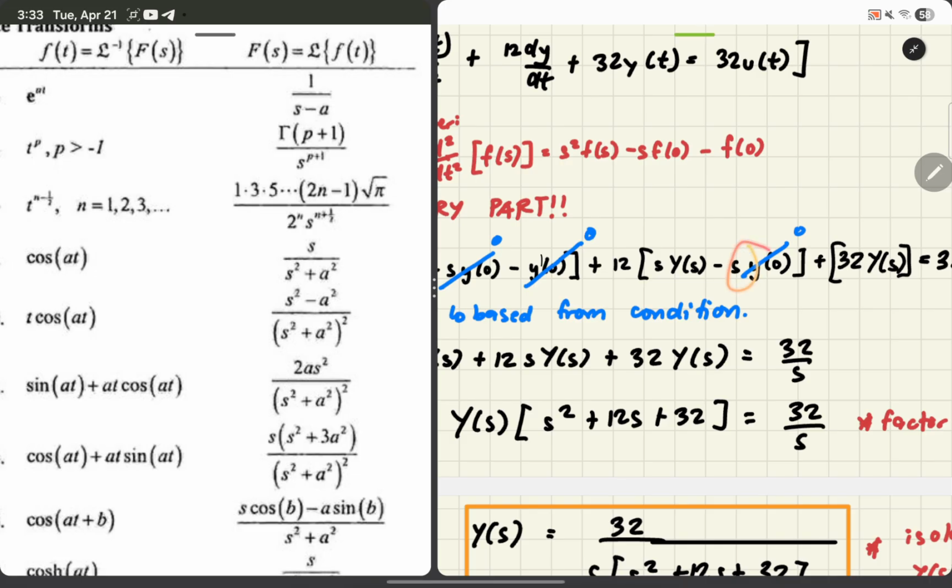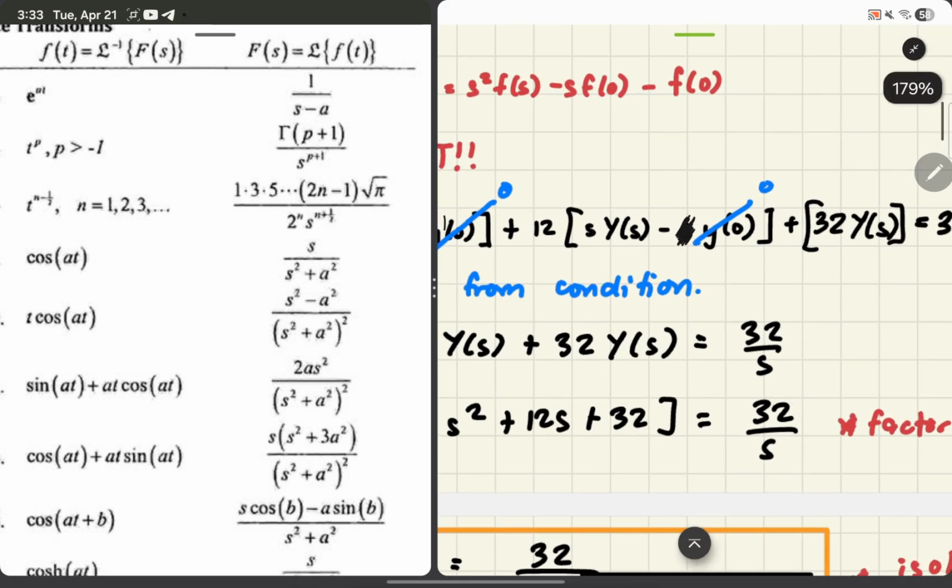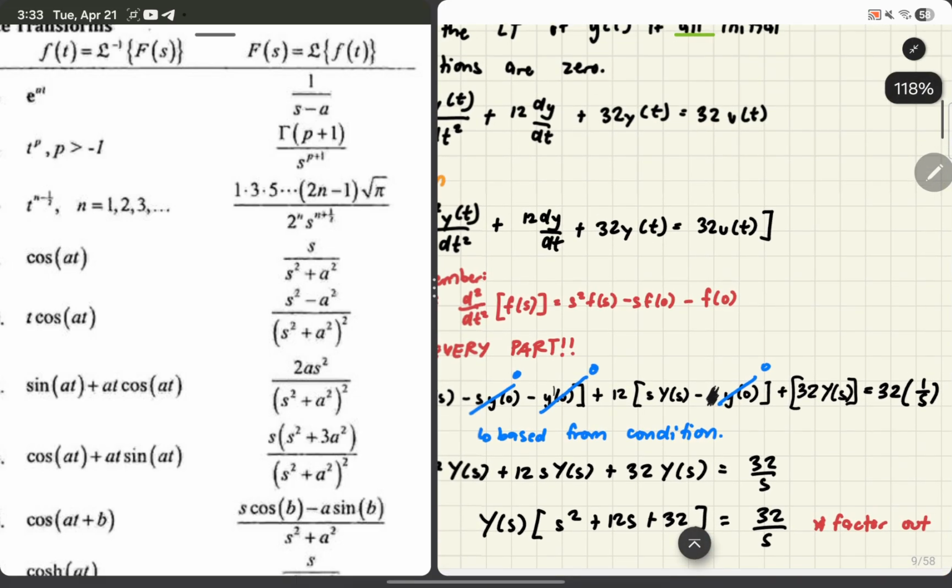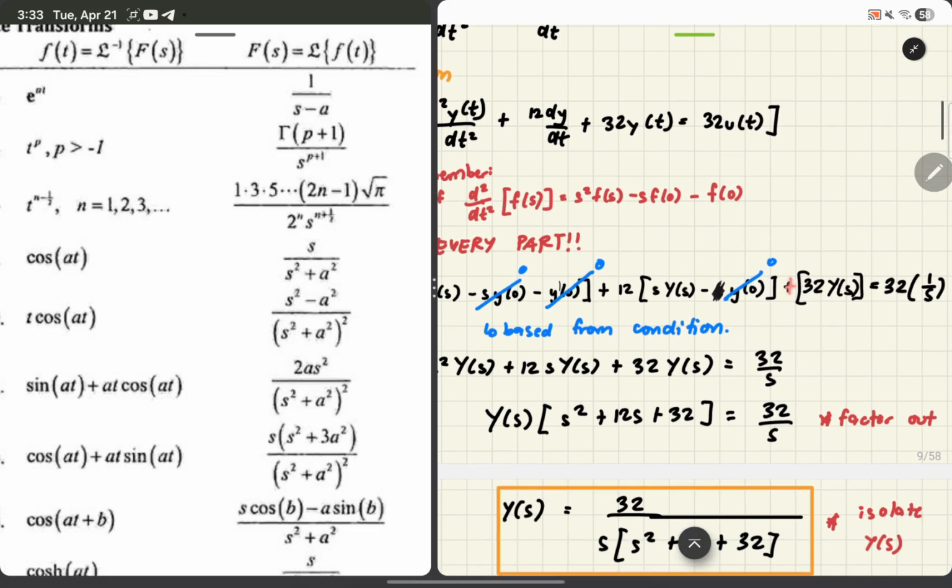It should be s raised to 0, therefore it will become 1. Plus 32 times Y of s. Since there is no dy over dt, the exponent of dy over dt is just 0, then the initial s will be raised to 0 as well, or simply 1.